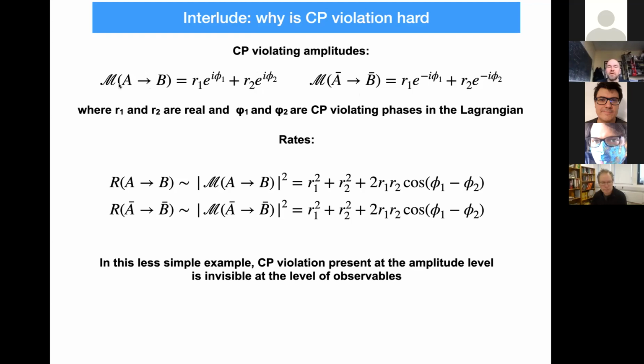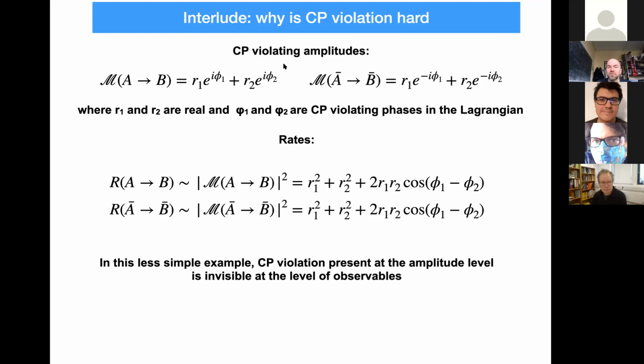So let's assume that we have two contributions to the process A to B, and again two contributions to the process A bar to B bar. And again these are weak phases, so they change sign when we go from the process to the CP conjugate process. But now this is not enough. If you make this simple calculation and calculate the square of this amplitude and the CP conjugate amplitude, you find that they are exactly the same.